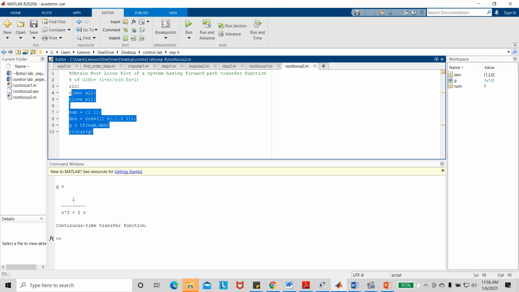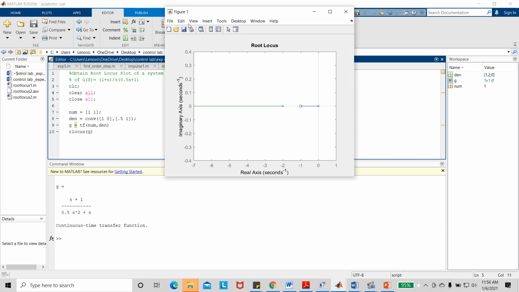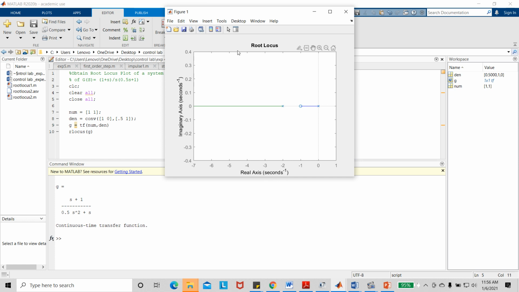So when we run this program, this is the root locus plot of the given system. In this plot there are 2 poles, one at 0 and one at -2, and there is 1 zero at -1.